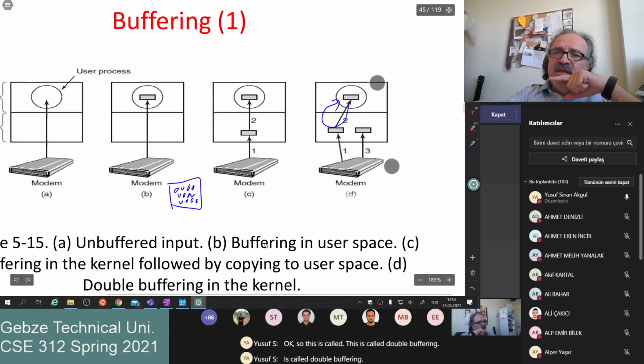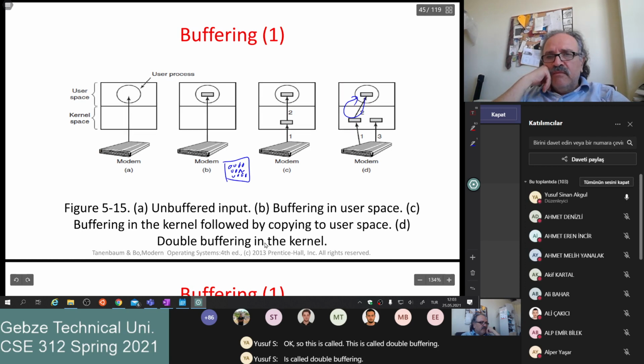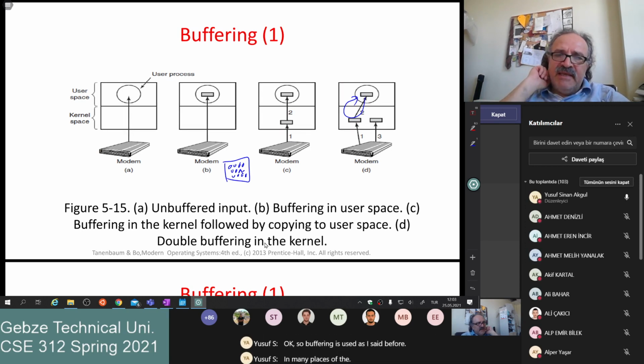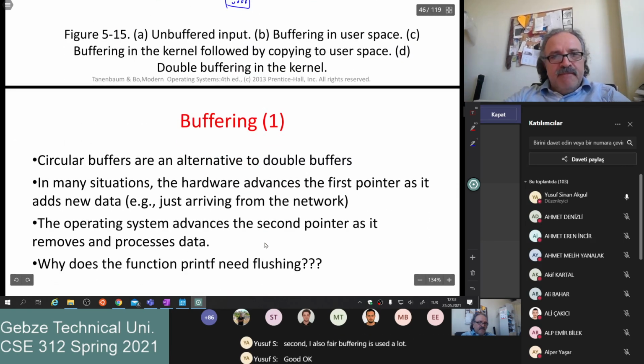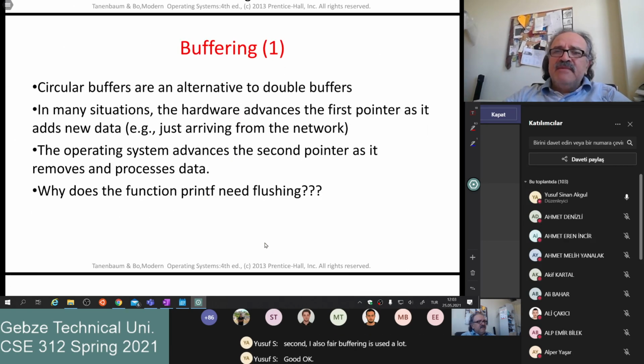So buffering is used, as I said before, in many places of the operating systems, but especially in the I/O software, buffering is used a lot. Sometimes they use these circular buffers.